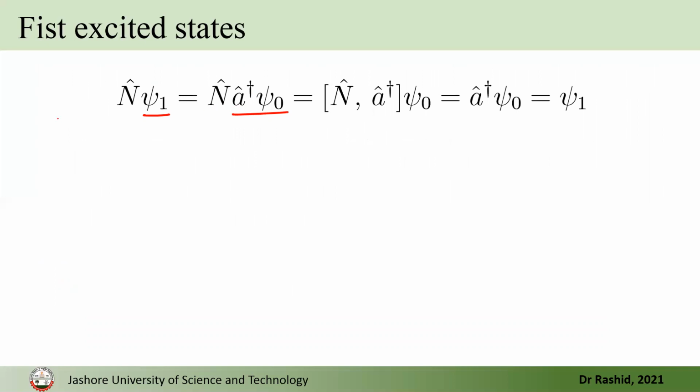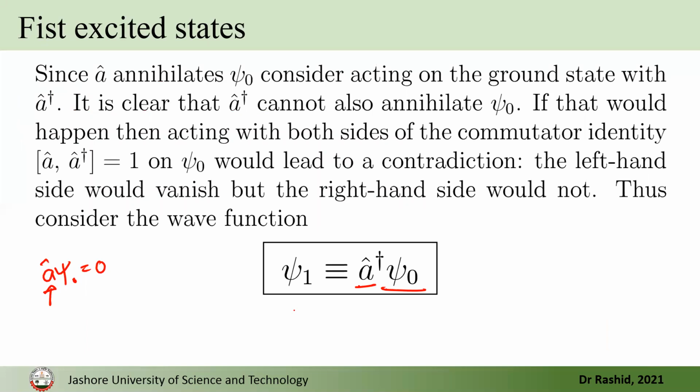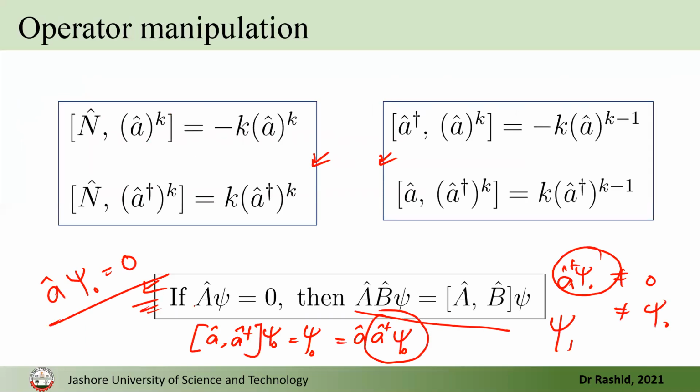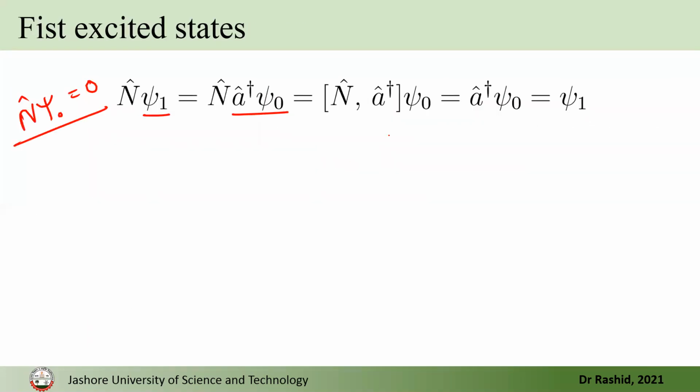When the number operator acts on psi 0, it gives 0. We use that, and we end up with psi 1. So it can also be written as 1 times psi 1. That is, the eigenvalue for the number operator is 1 when it operates on the eigenstate psi 1.